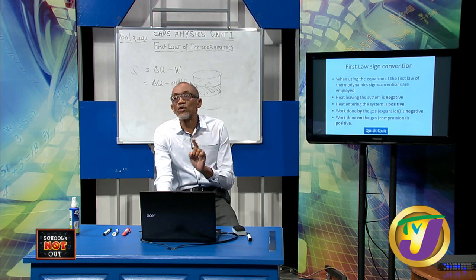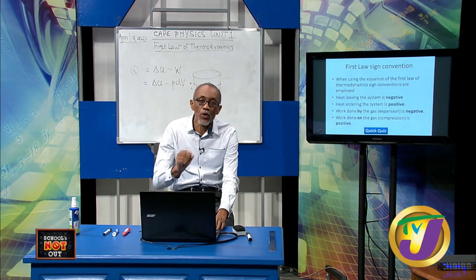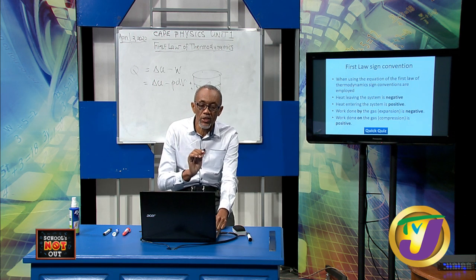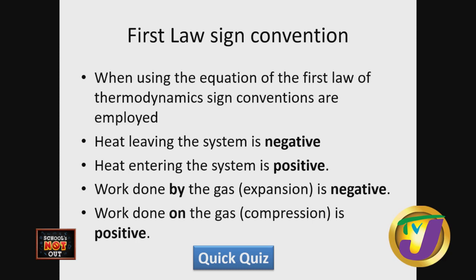Now, when we're going to use the first law of thermodynamics, we have a sign convention that we use, all right? And we have to be consistent with the sign convention, or else we're going to get ourselves in a lot of problems. So you must be consistent. What the sign convention says is that any heat that is leaving the system, we assign negative, and any heat entering the system, we assign positive.